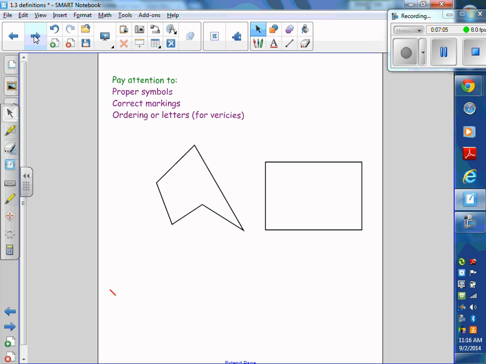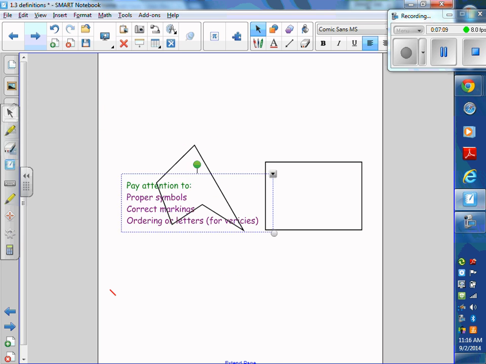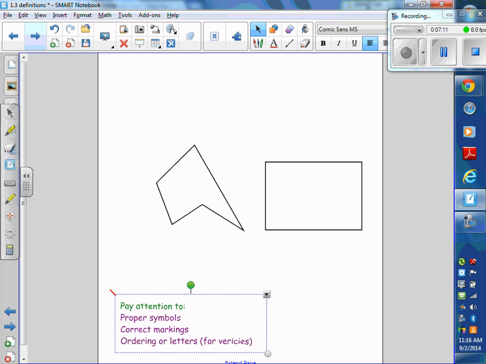I wanted to talk about, not this right now, but who knows what convex and concave is? Ben, which one of those is convex and which one is concave?